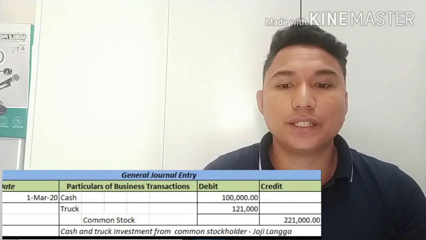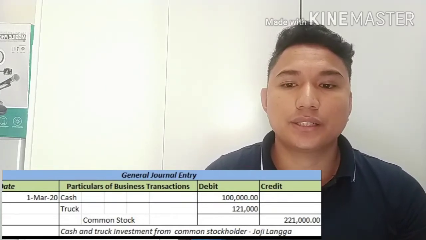First, on the March 1st transaction, we have an entry of debit cash, debit truck, and credit common stock. So we'll be transferring it to the general ledger.